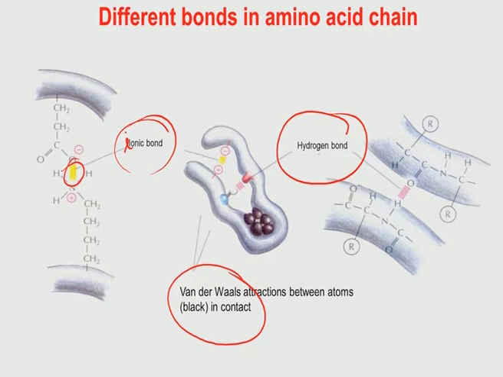One advantage of having these hydrogen bonds or van der Waals bonds in the protein structure is that, if required, these bonds can be broken very easily. As a result, 2 polypeptide chains can be separated as and when necessary.